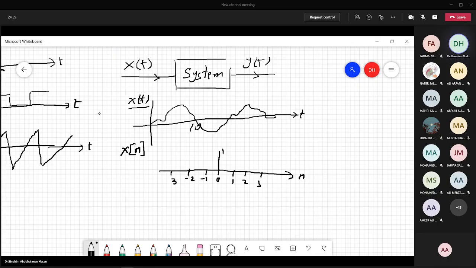It would be 1, for example, at 0. This is -2, this is 2, for example 0, 0, and here 0.5, and so on.